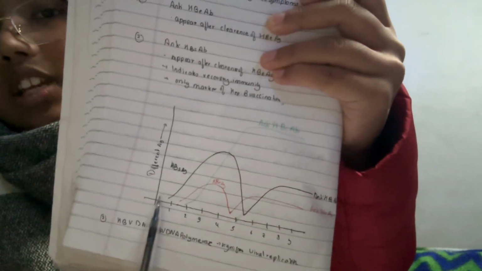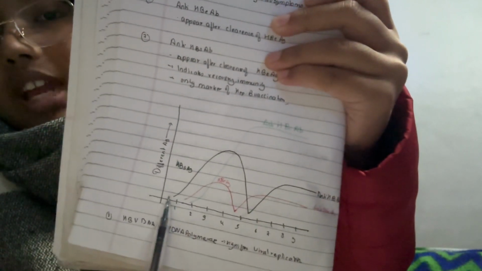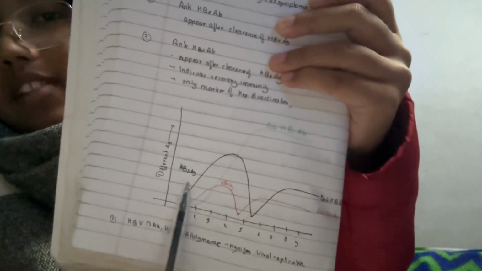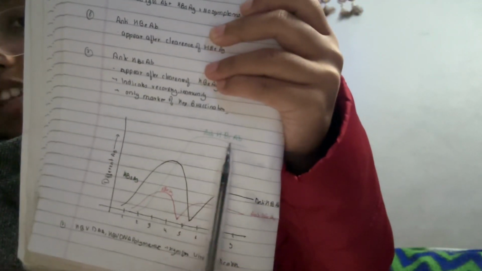Now initially pre-core antigens and the core antigens do develop, but we cannot see them in the lab, so there is no hill for the core antigen, but we can see that the core antibodies have increased the most.